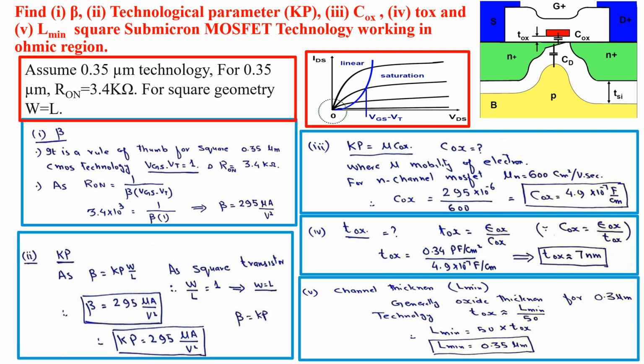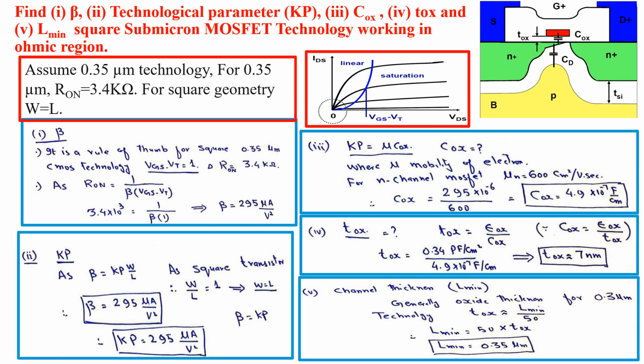So the first parameter is beta. Beta is just a proportionality factor, and we defined in our previous unit that R on is equal to 1 over beta times (VGS minus VT). So R on is equal to 3.4 into 10 power 3 ohms, and VGS minus VT is another important parameter: in 0.35 micrometer technology, VGS minus VT is approximately 1.